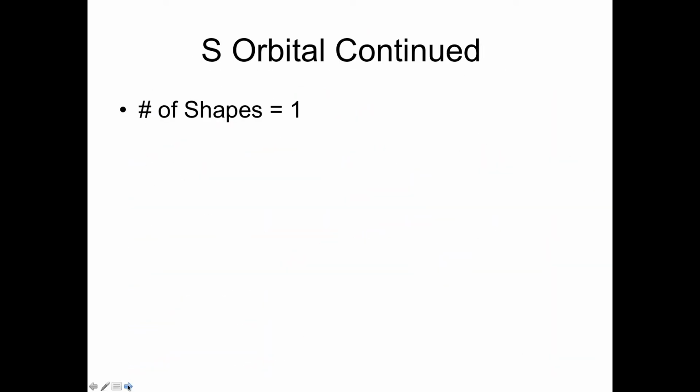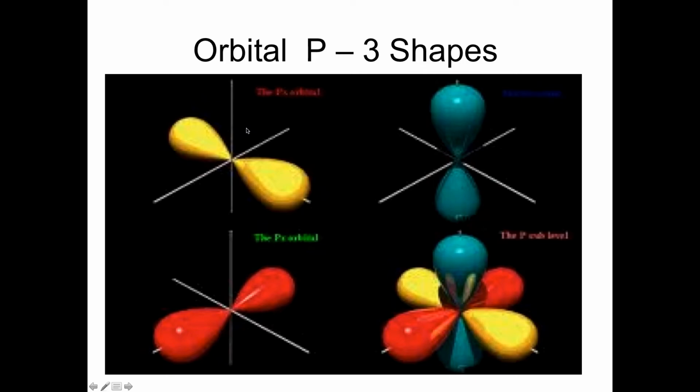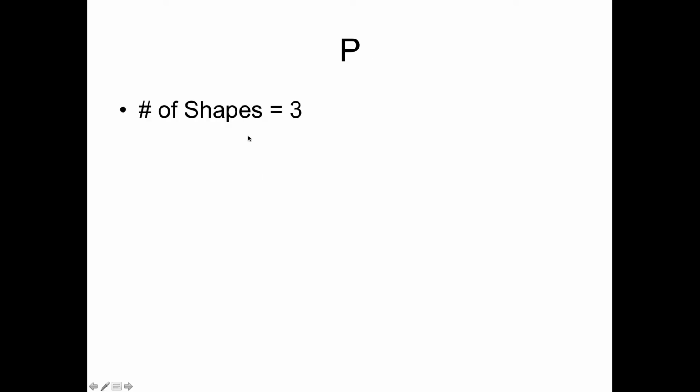Now let's move on to P. P has 3 total shapes. Here's one, here's another one, and here's a third one. And when they get layered on top of each other, it kind of represents like this everlasting gobstopper from Willy Wonka kind of effect. So in P, there are 3 shapes total.